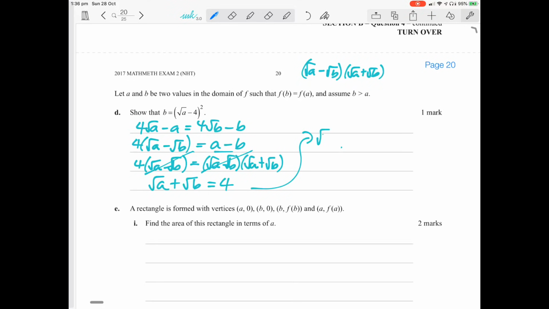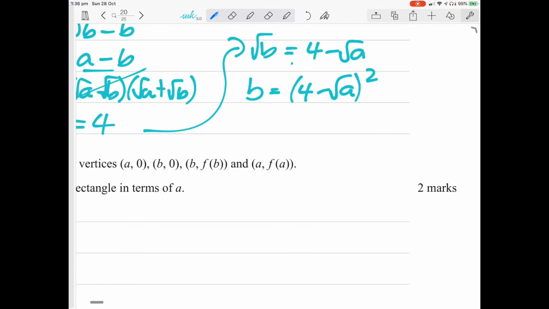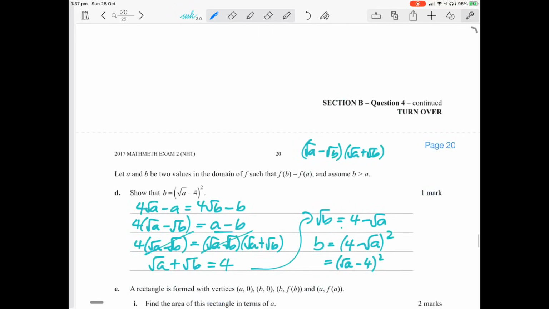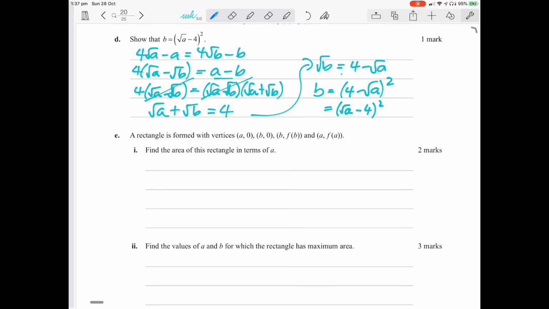Therefore root B is equal to 4 minus root A, and B is equal to 4 minus root A, all squared. Which, if I take out a negative, is equal to root A minus 4 squared.